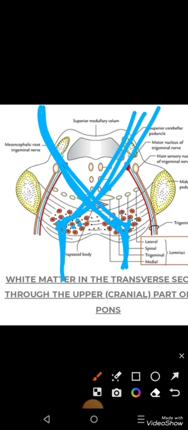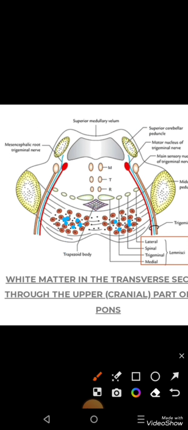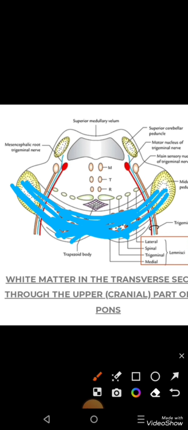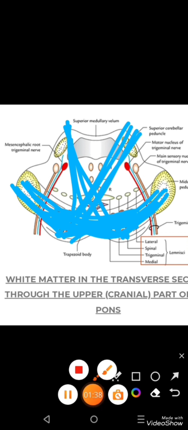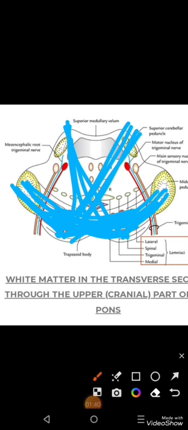Then another important thing we just mentioned earlier, that there lie the pontine fibers, running transversely and making the pontocerebellar fibers, and we know they originate from the pontine nuclei and enter the cerebellum via the middle cerebellar peduncle, right? This whole network of fibers, either vertical running or transverse running, forms the white matter of the pons, and this is similar in upper and lower pons, right?